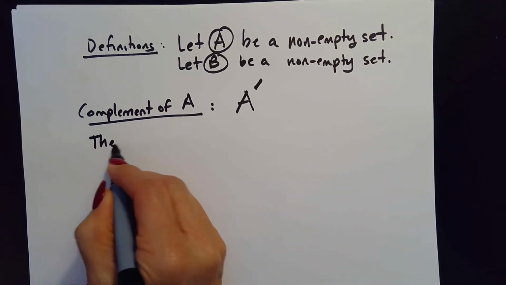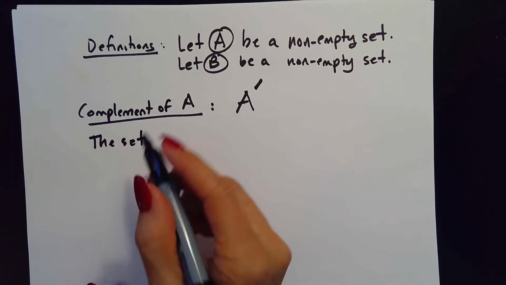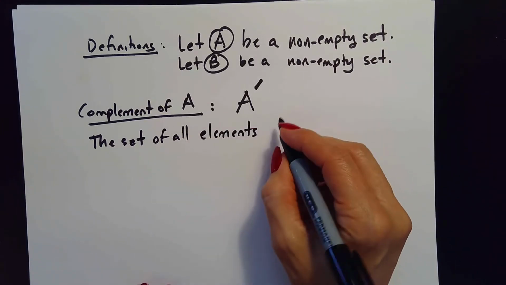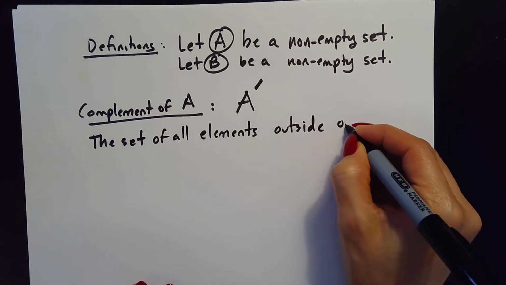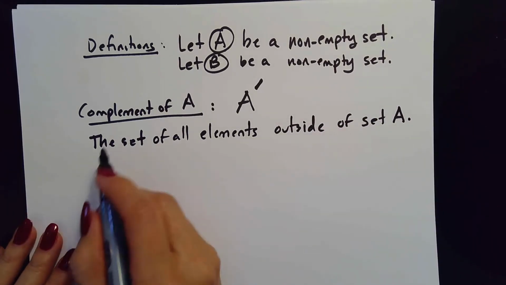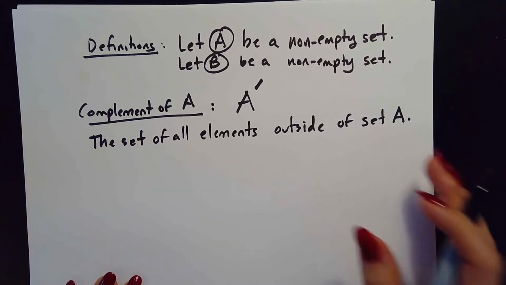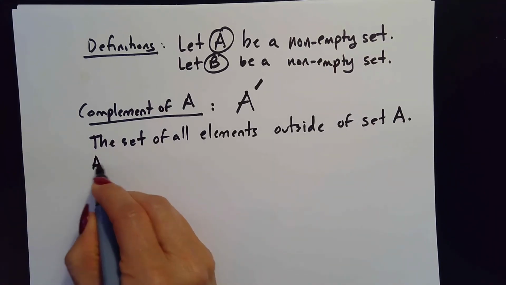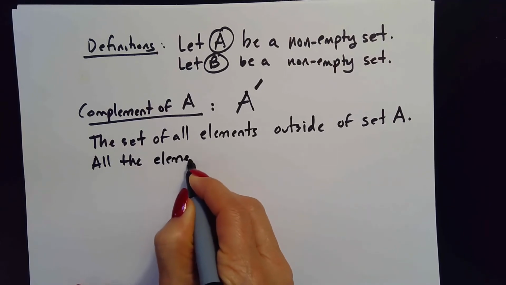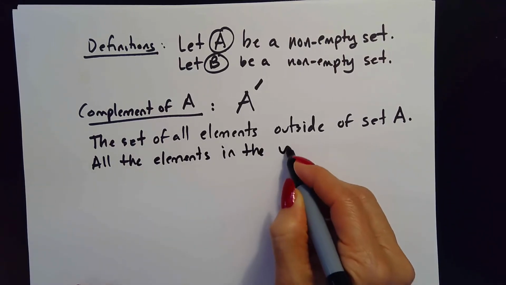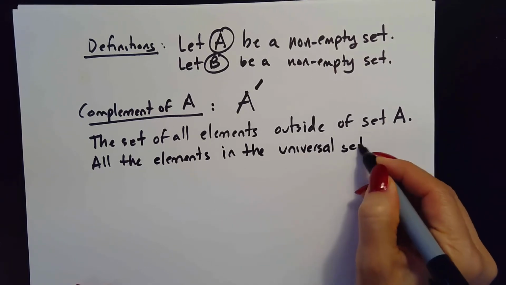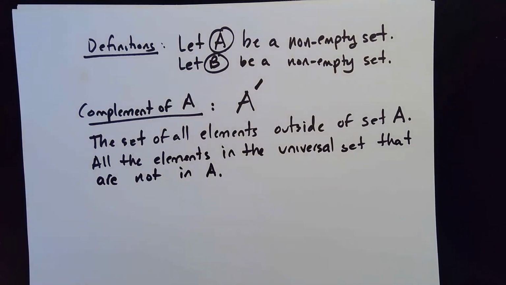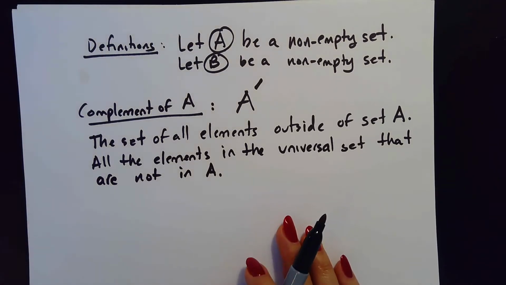This is the set of all elements outside, that do not belong to, so outside of set A. In other words, all the elements that are in the universal set but that are not in A. So to be more specific, all the elements in the universal set that are not in A. That is the complement of A. Okay?